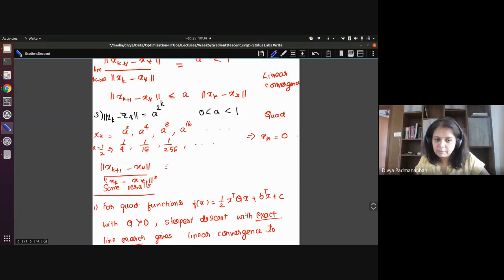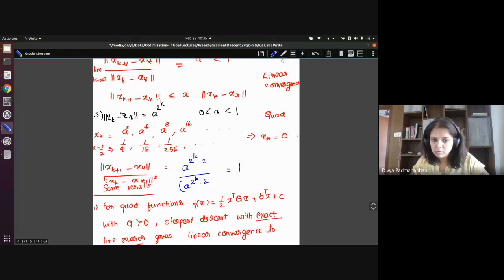So xk plus 1 minus x star was a power 2 power k plus 1, and this was a power 2 power k, so this was into 2 here, and this was a square, so that's what came. And you could write this as into 2 here, so this is actually 1, right?